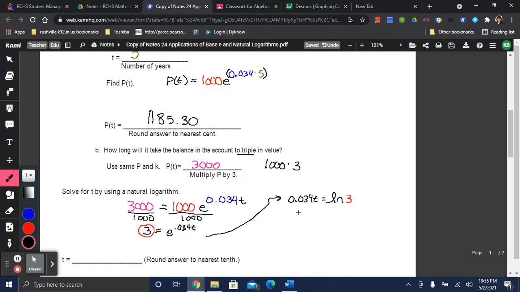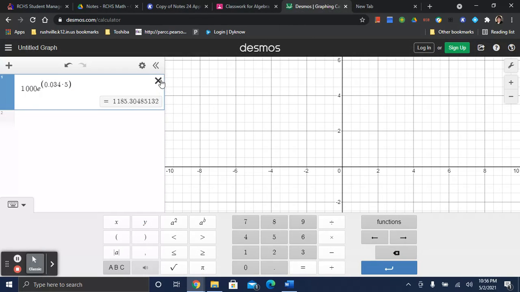To get your best chance at rounding properly, notice that you're going to have to divide both sides of this by 0.034. So you might want to go ahead and have that written down so that you can type that in. So it'll be the natural log of 3 divided by 0.034.